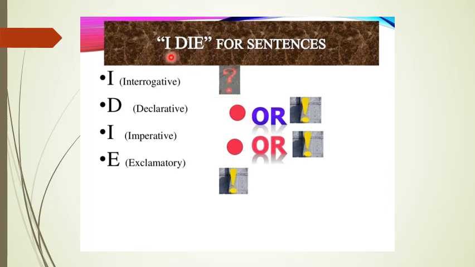This is quite amusing to know that I die means I for interrogative, D for declarative, I for imperative, and E for exclamatory. So it would be very easy for you to remember the types of sentences if you remember I die.